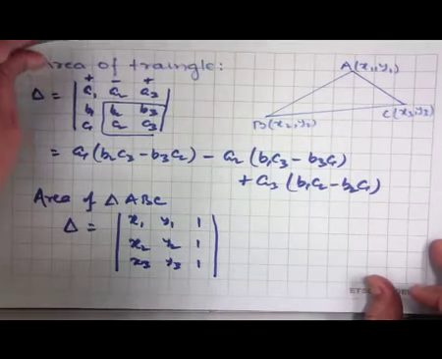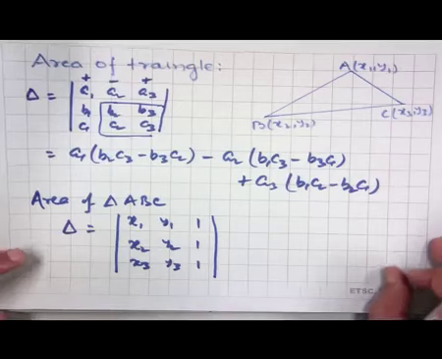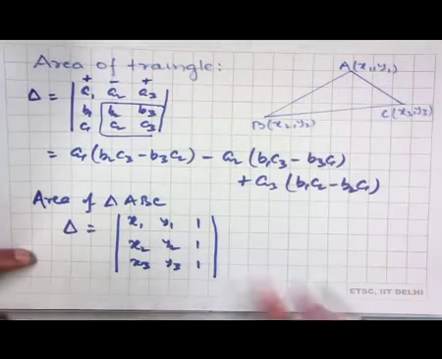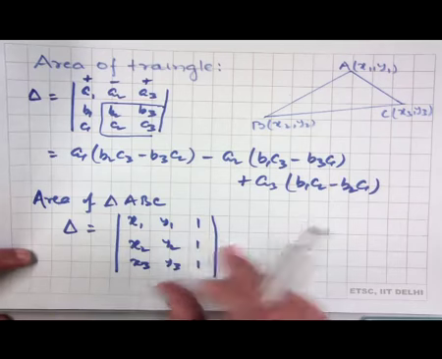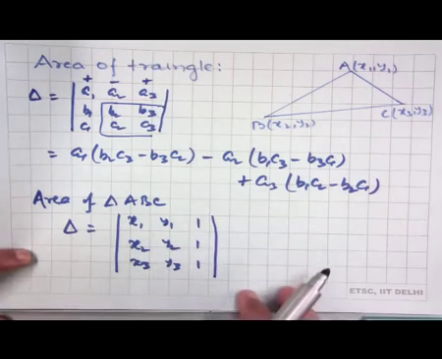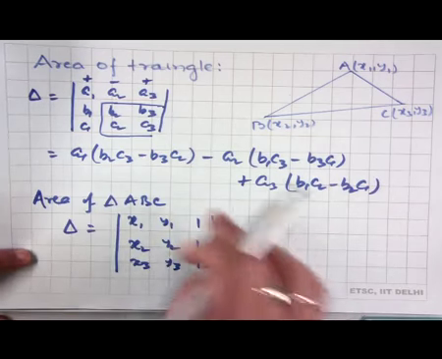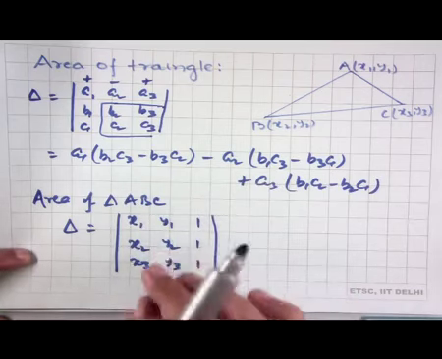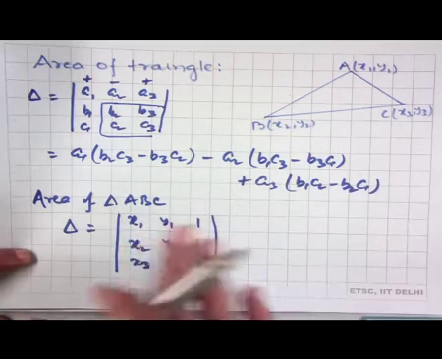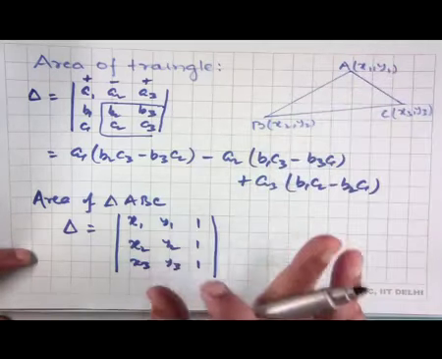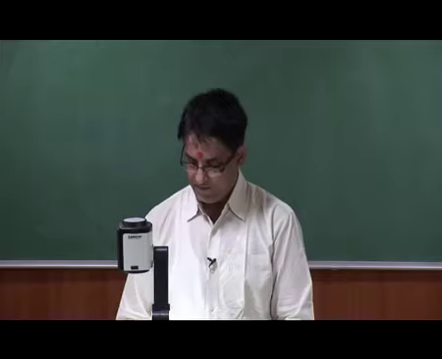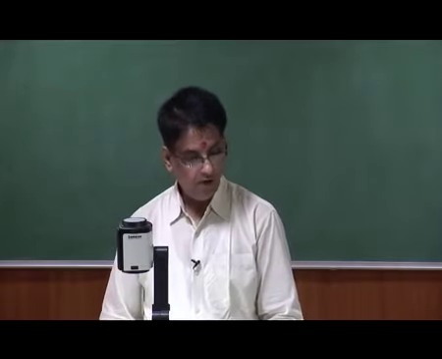Suppose the area of this triangle is 0. When you calculate this determinant in this way, if you find the result equal to 0, it means the area of triangle ABC equals 0, so these 3 points A, B, C are collinear points.